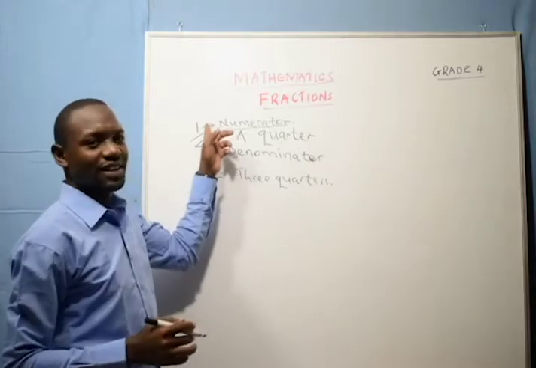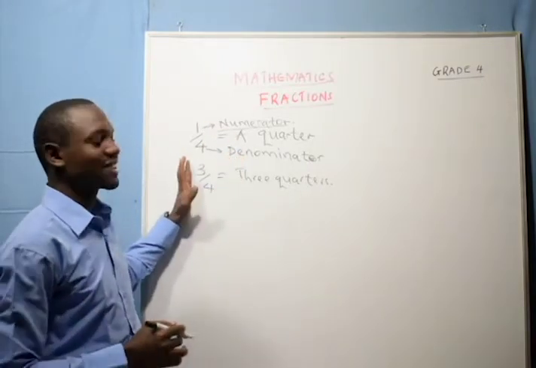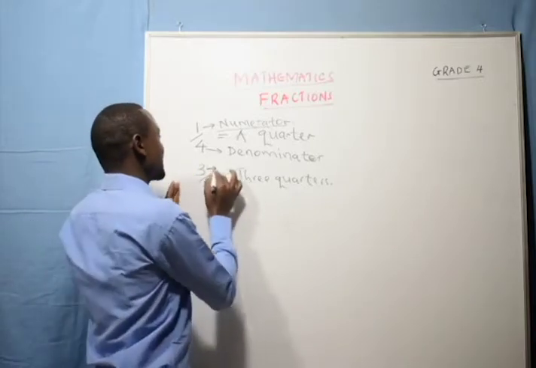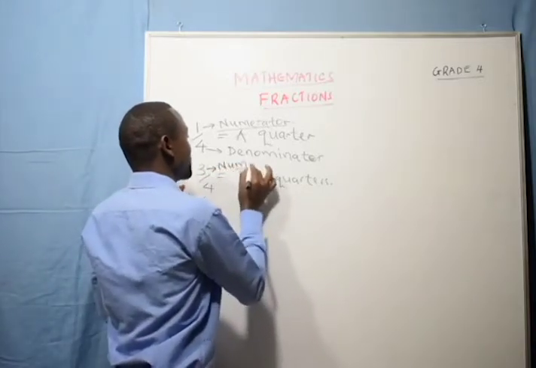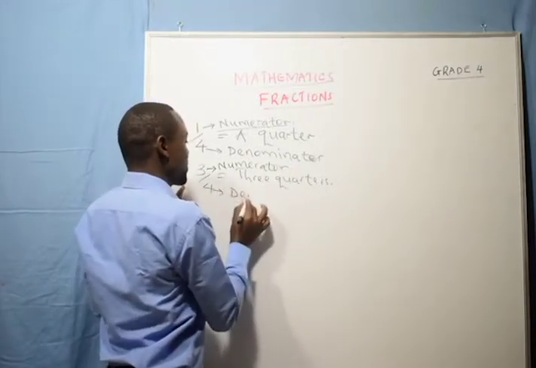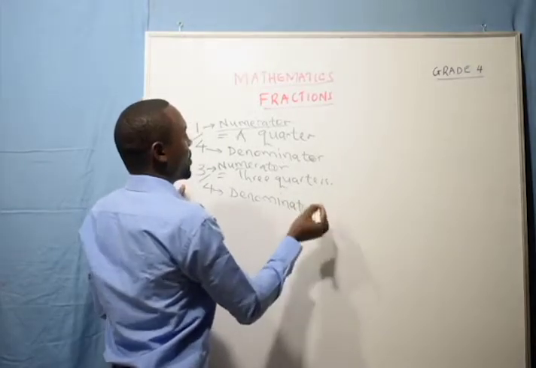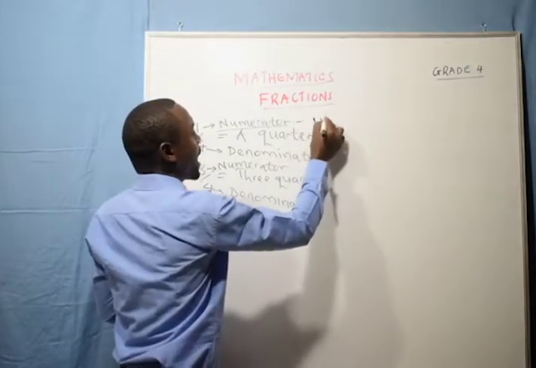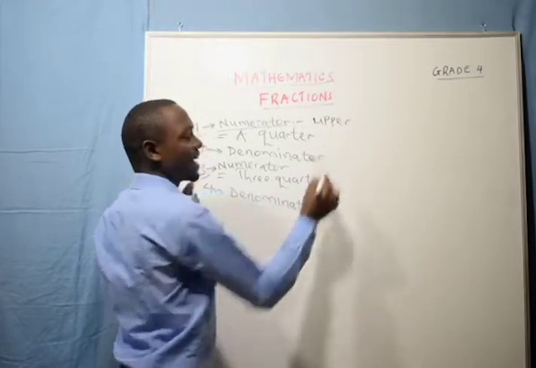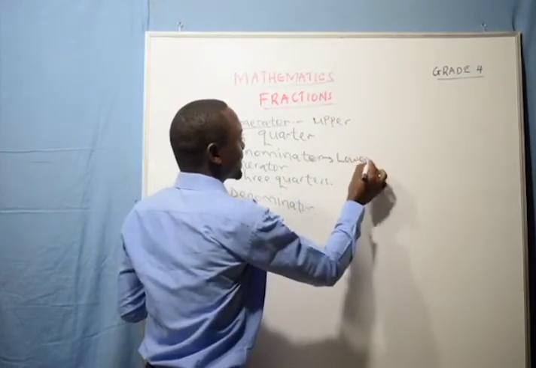So we have the numerator and the denominator. In this other fraction, that is 3 quarters, 3 is the numerator, while 4 is the denominator. So the numerator is the upper part, while the denominator is the lower part.